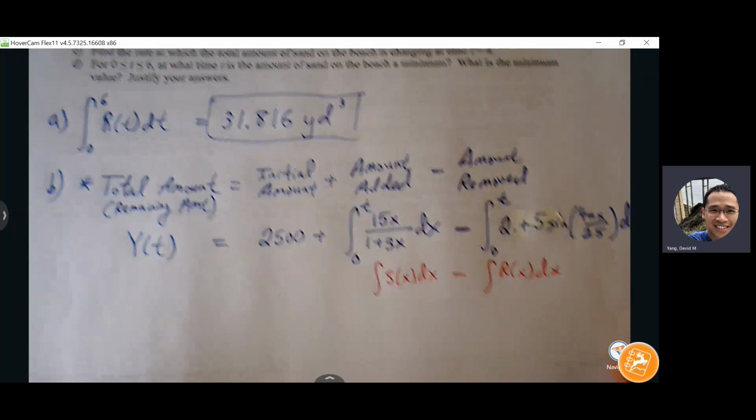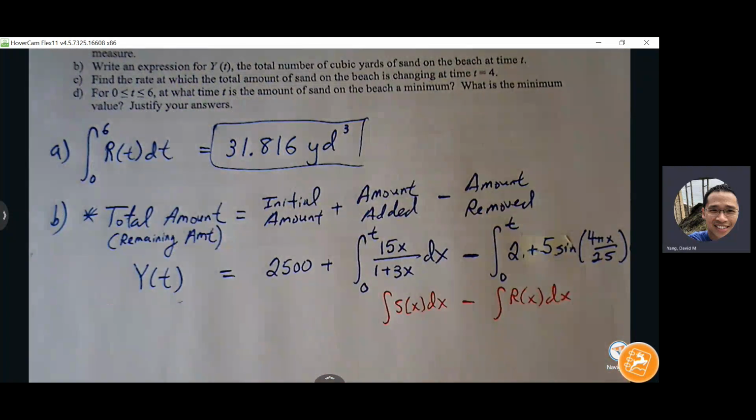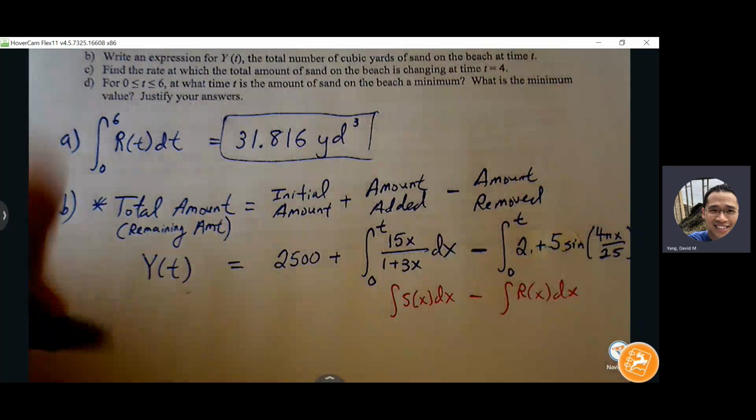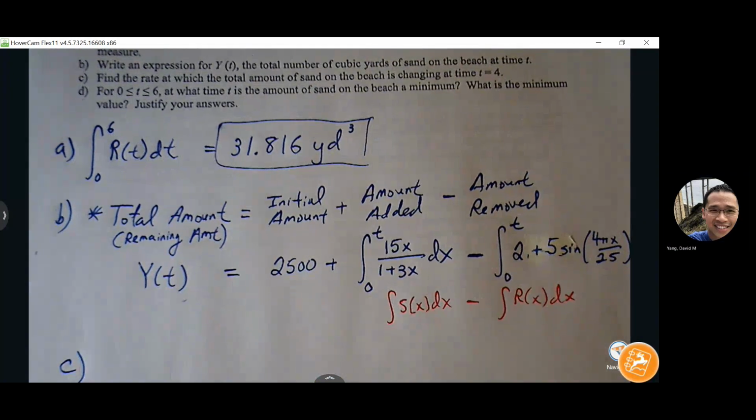So all it's doing is asking for an expression. This problem is building towards the end that we want to use. It's just asking us to gather information so that we can use it for future parts. Okay. All right, any questions there for part B?